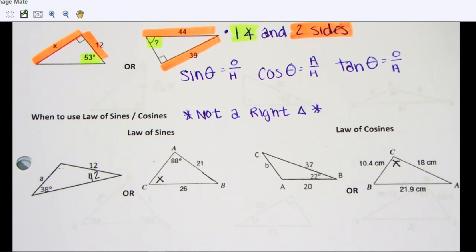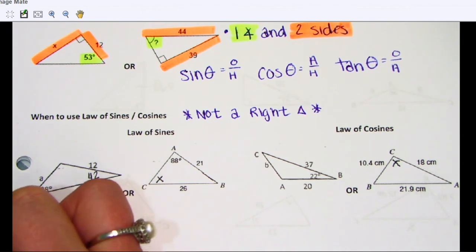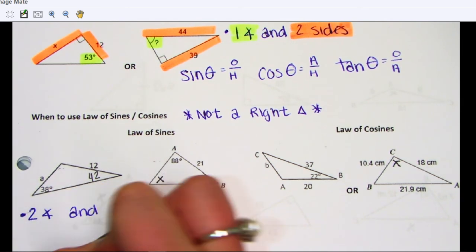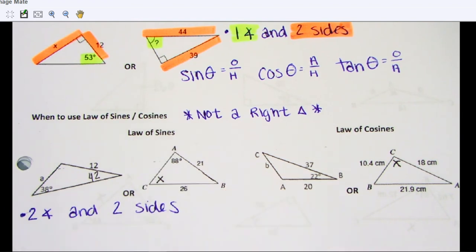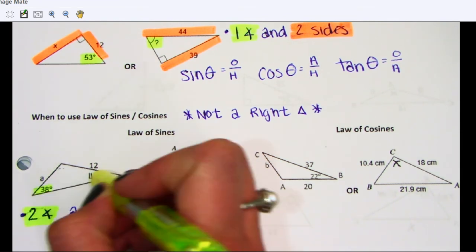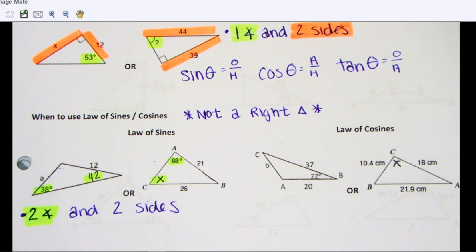The clue for law of sines is that you have 2 angles and 2 sides. So again, for our angle part, they may or may not be across, but I have to have 2 angles.